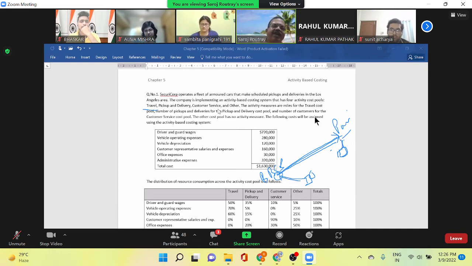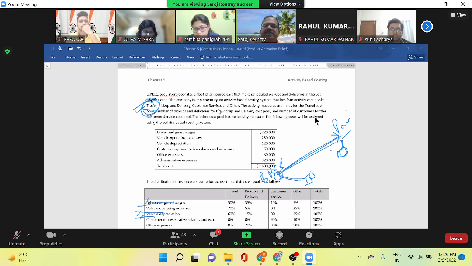Okay, so travel activity is this activity which is called travel, and the expenses we incur for paying it to the driver, for fuel, putting fuel in the vehicles, the use of vehicles, their depreciation happens. So these are the expenses you incur for traveling.